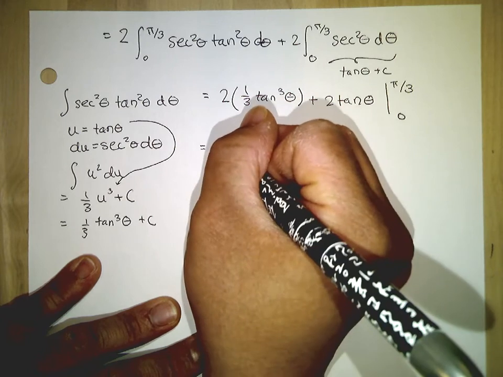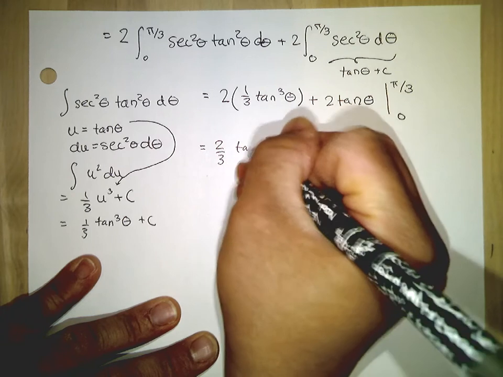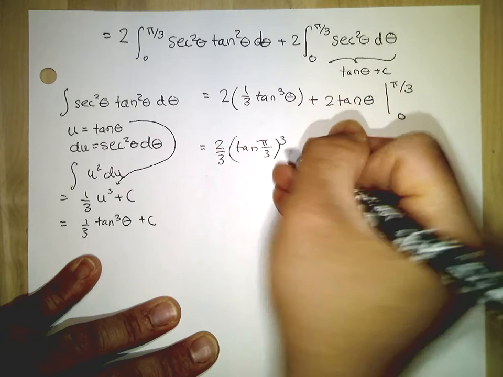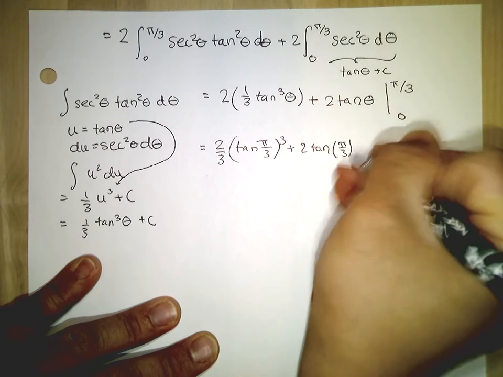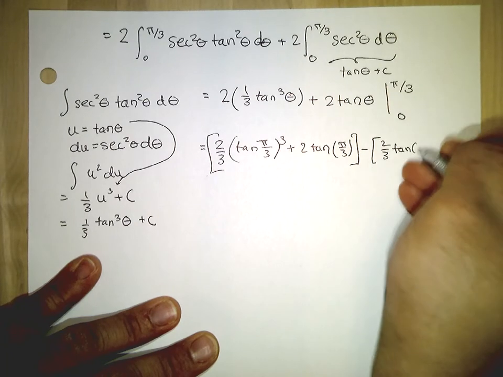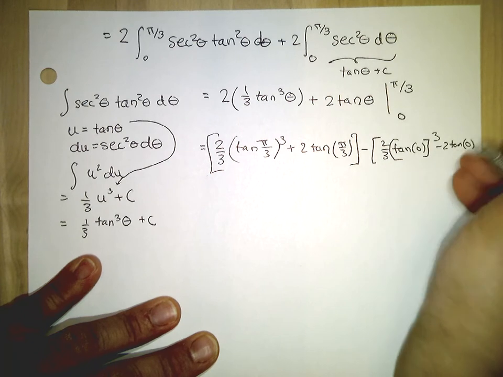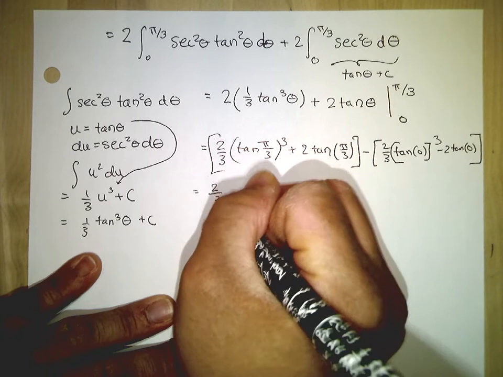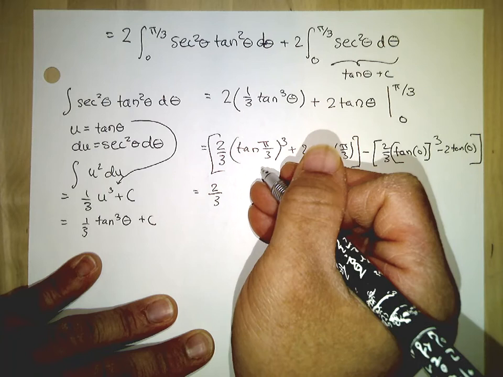We have 2/3 times the tangent of pi over 3 to the third plus 2 tangent of pi over 3, then minus 2/3 tangent of 0 to the third minus 2 tangent of 0, and pi over 3 tangent is the square root of 3.